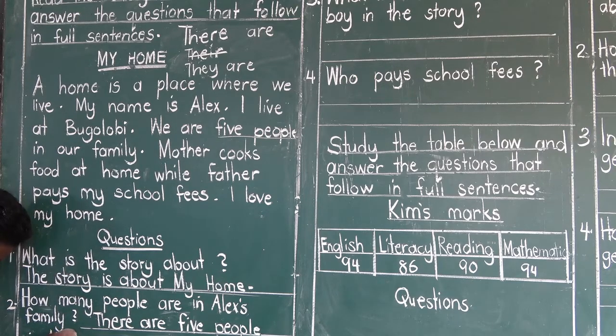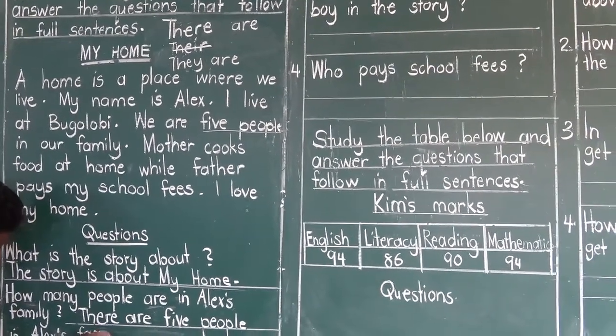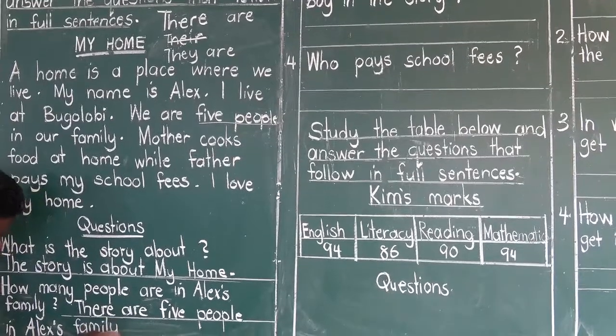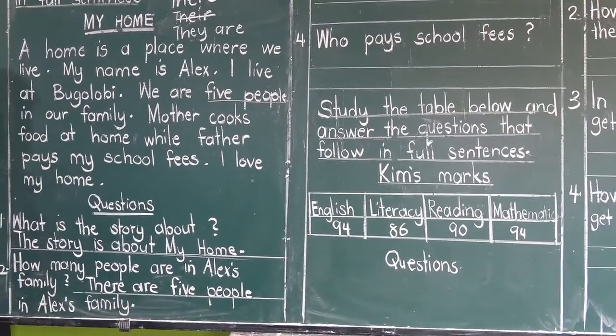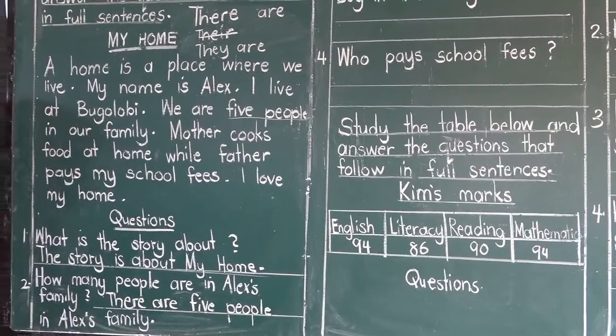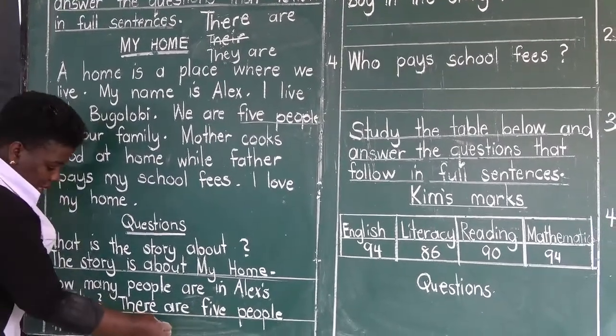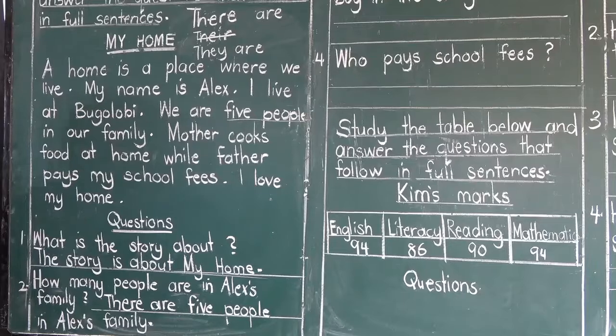Don't say in my family. They are talking about Alex. There are 5 people in Alex's family. Don't forget to end with a full stop.